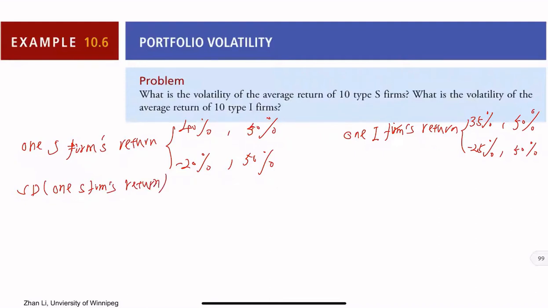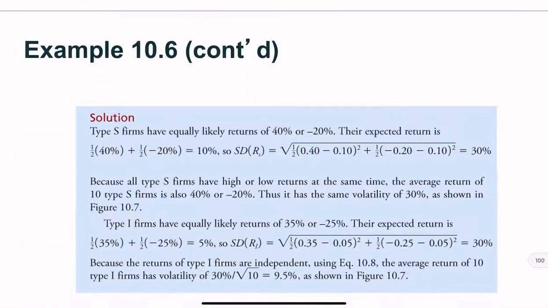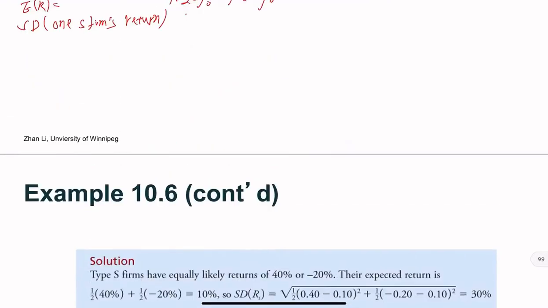Obviously, first we have to calculate the expected return, right? Expected return is basically 40% times 50% plus minus 20% times 40%. Okay, let me write down the expected return. So I guess it's 10%.